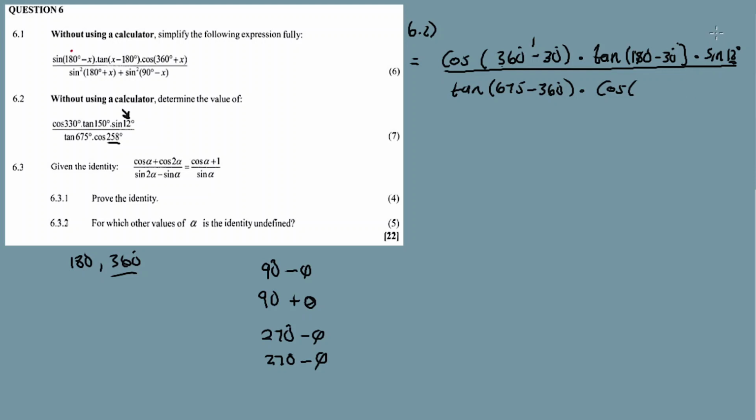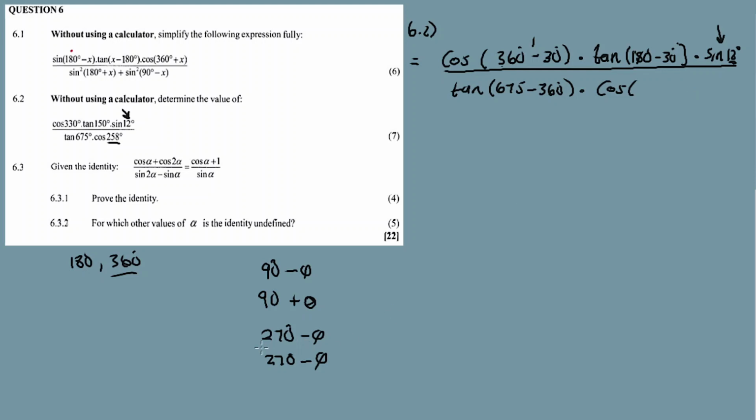It has something to do with sine 12. Our target here is to cancel out this sine 12, because 12 degrees is not a special angle. So if you see an acute angle which is not a special angle, always know that something below will cancel out that trig ratio with a non-special angle.